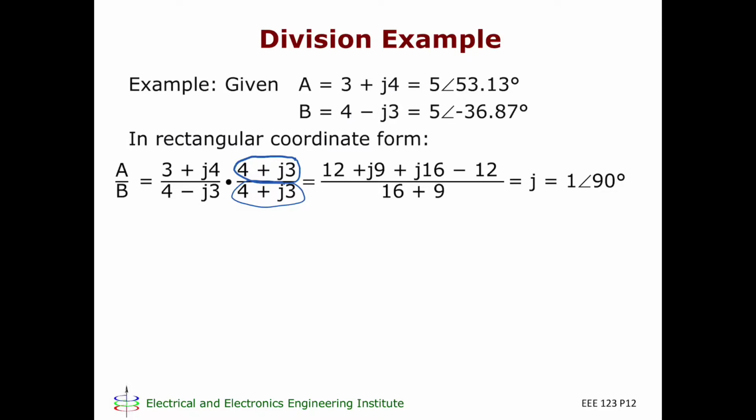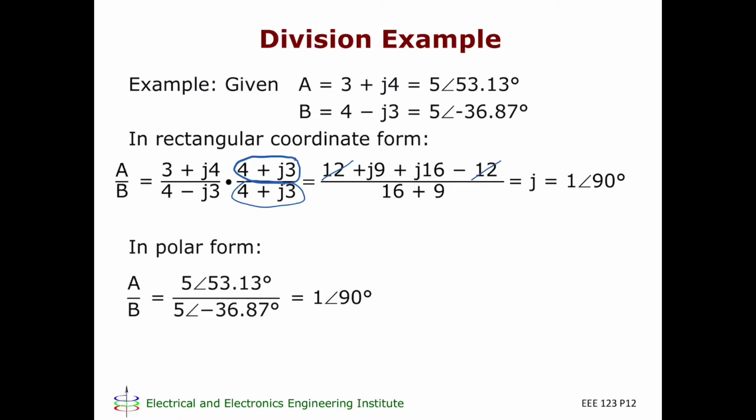So the denominator becomes real, 4 squared plus 3 squared, or 16 plus 9. And then if you take a look at the numerator, the 12 cancels out. So we're left with j25 over 25, or j, or 1 at an angle 90 degrees.